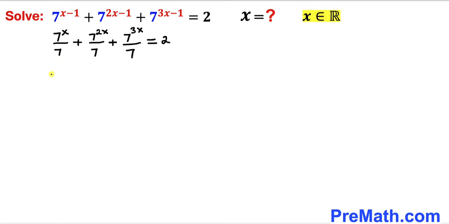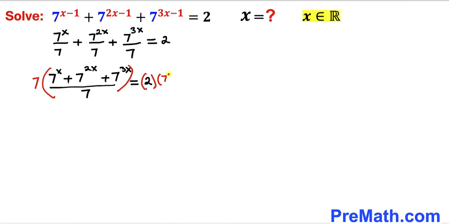Now we can write the left hand side as 7^x + 7^(2x) + 7^(3x), all over 7, is going to be equal to 2. Now I'm going to remove this fraction by multiplying 7 on the left hand side, and I'm going to multiply 7 on the right hand side as well.